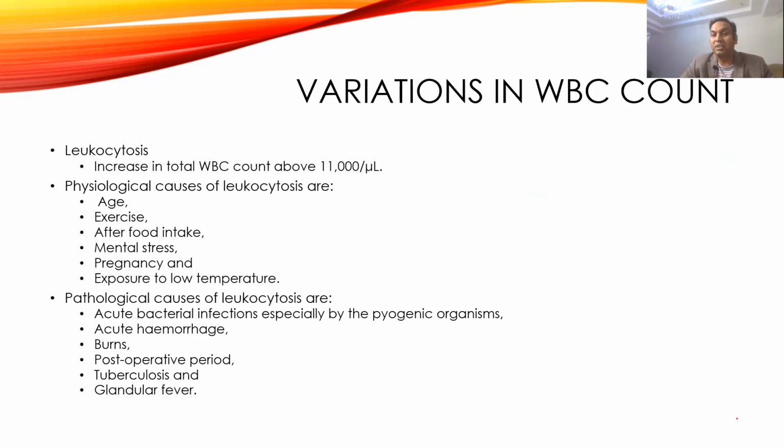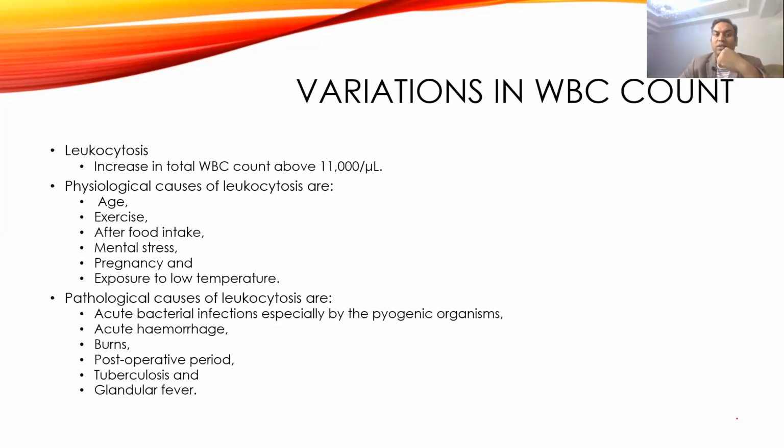Then come to the difference in count. Whenever there is an increase in WBC count, we call it leukocytosis. And like last class, there are also physiological and pathological causes. Physiological causes are age: in early age, in childhood, there is a high leukocyte count, and as the age increases, leukocyte count starts decreasing.